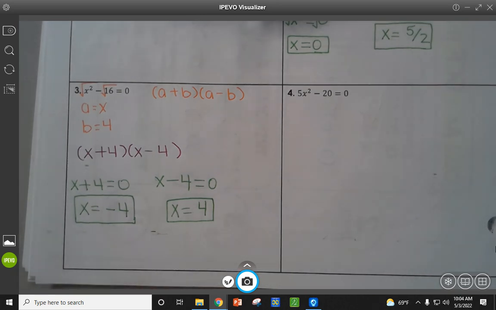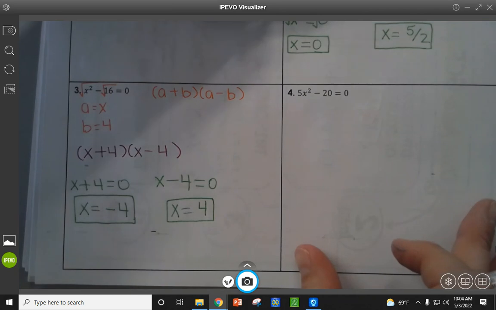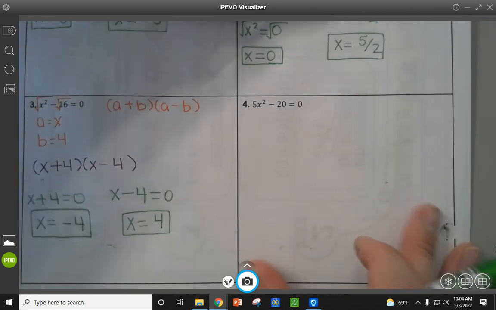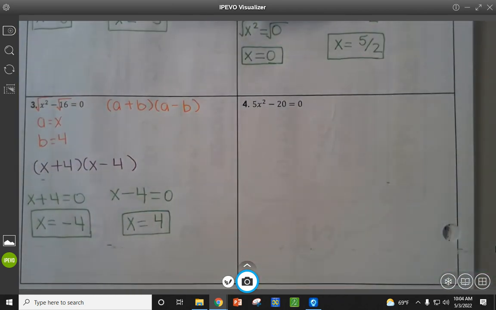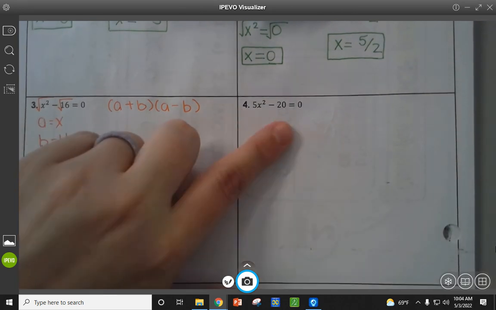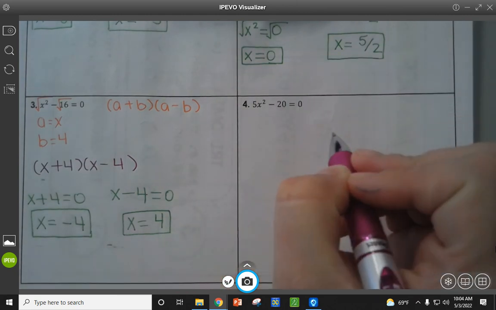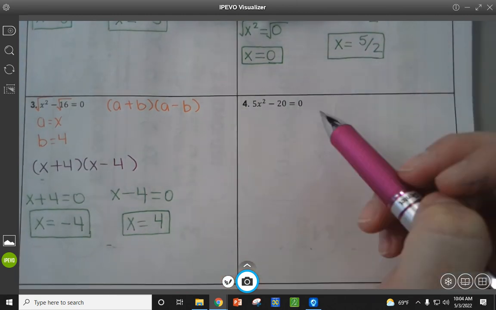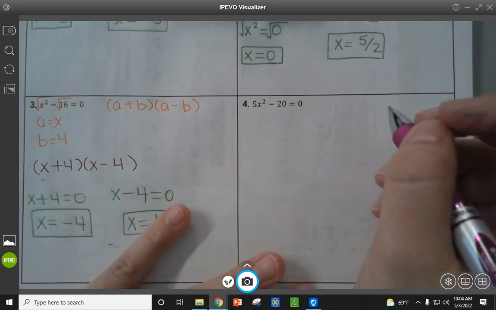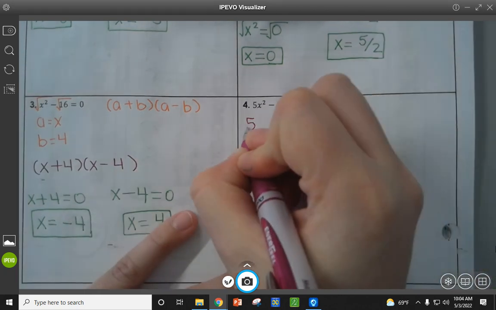All right, number 4. Is there a GCF? Yes. Which one is it? 5. Yeah, there is a GCF, and it is 5. Both of those are divisible by 5. They don't have to have an x. Your GCF can be just a number. That's okay. So it's just 5.